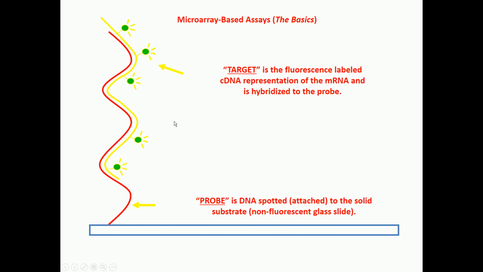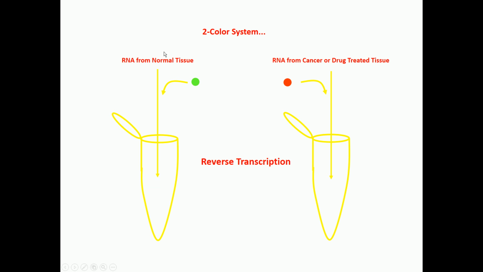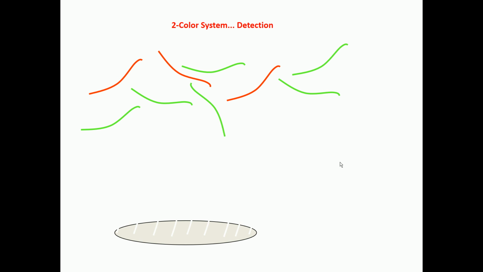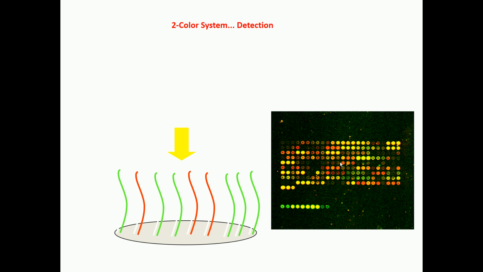You can have two kinds of targets. Basically, you can have a sample from a normal patient, you can have one from cancer, or it can be some study where you are treating your tissues with some drug. You can label them differently. You can extract RNA from them, convert it into cDNA, and then pour your cDNAs on the chip, and whichever gene is more in the normal situation or in the cancer or drug treatment, that gene is going to hybridize more there, and on the basis of that you will get the different colors.